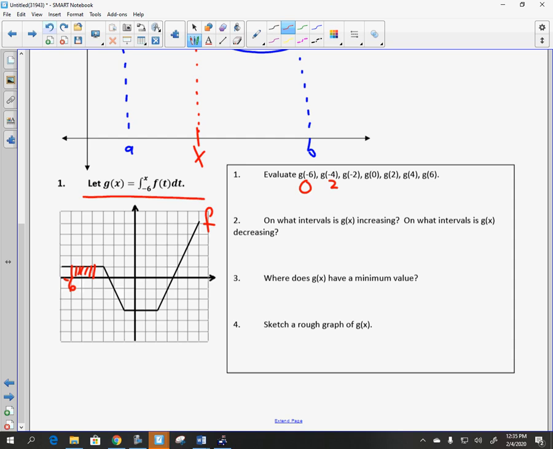It looks like I collect some more positive area, but then a little bit of negative area. Would you agree that that positive area and that negative one cancel each other out? If it's below the x-axis, we call it negative. If it's above, we say it's positive. So what would the area there be? 3. Good.